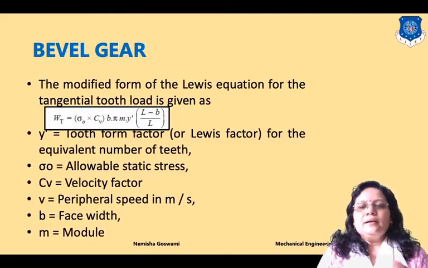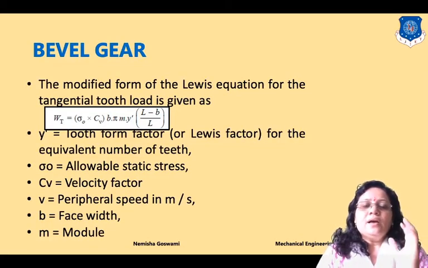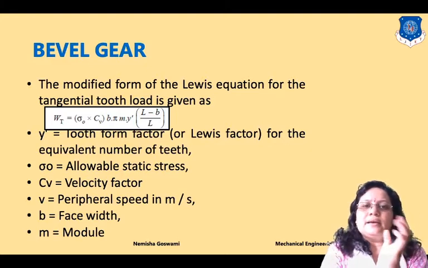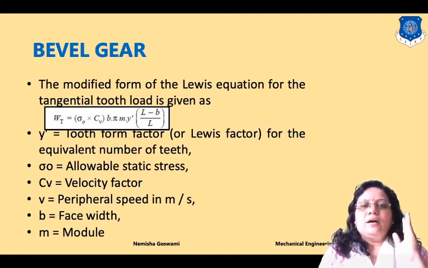Next is here the Lewis equation. Why have I written here the modified Lewis equation? Because in bevel gear one factor is very important. This is known as bevel factor, and it is given by (L minus b) divided by L. So when tangential load is equated with the modified Lewis equation, Wt is equal to sigma O, what is sigma O?